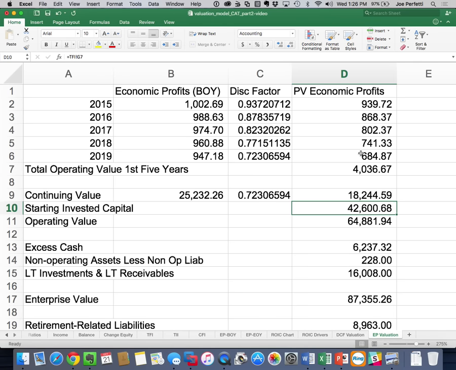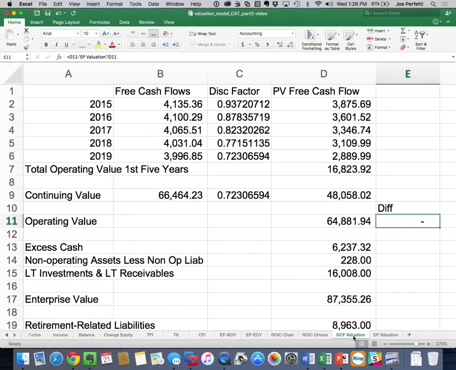We added $4 billion of value in the first 5 years. We added $18.2 billion in year 6 going forward. When you add the three together, you get the overall operating value of the firm. So the spread method is basically saying, are we adding or taking away from the value of the capital we deployed? As opposed to the DCF model, which is a pure NPV of the cash flows.